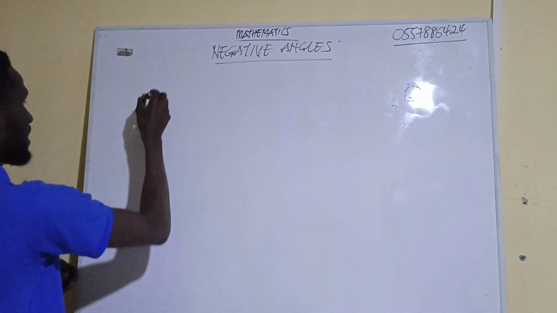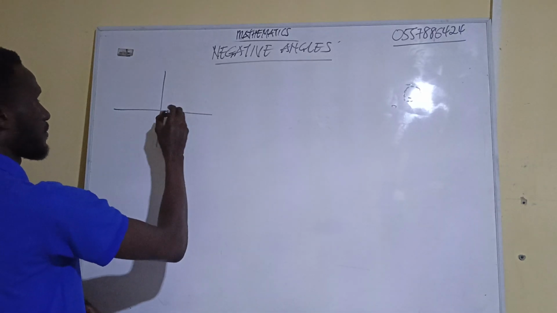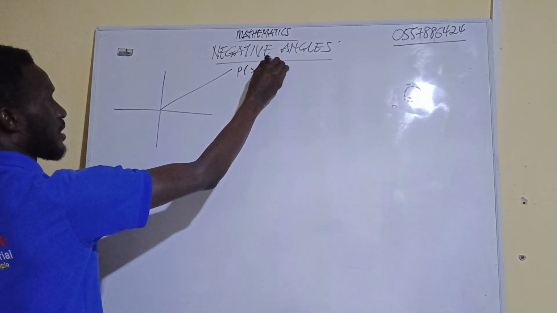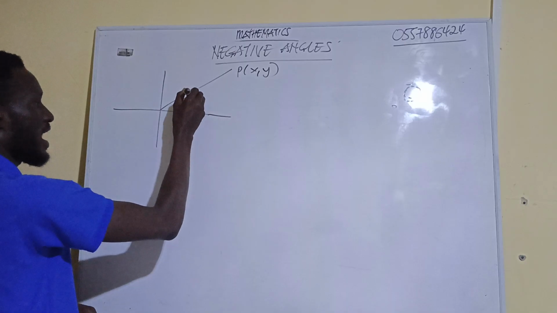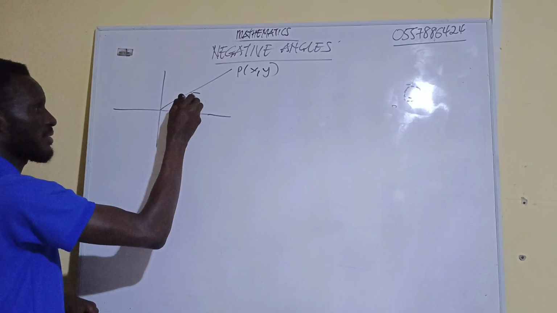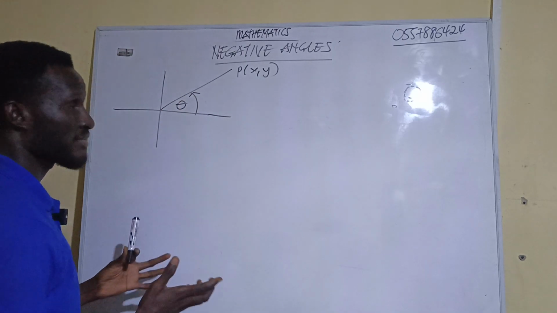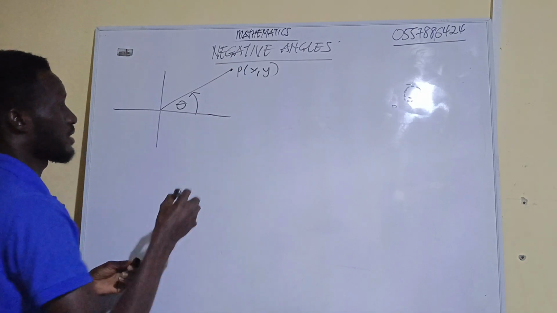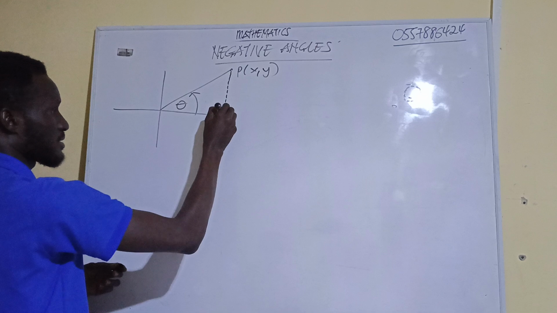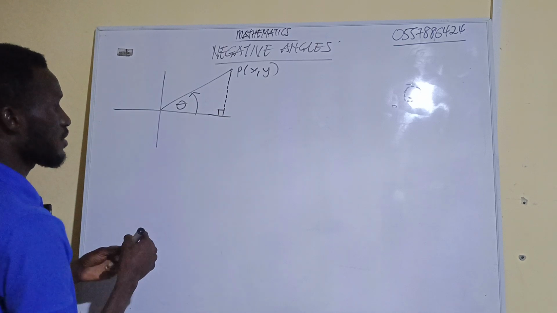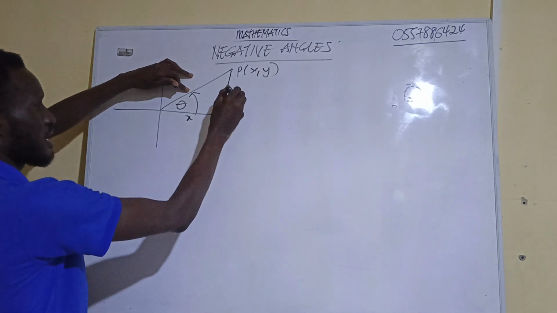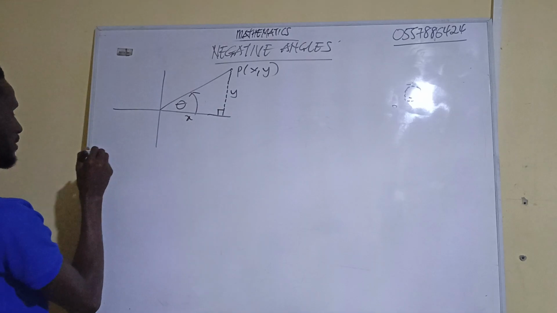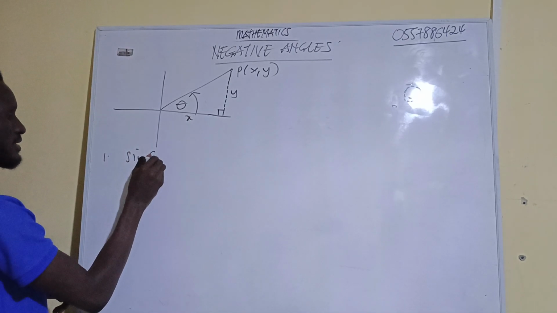Now, let me consider a point P, which is (x, y), having an angle theta. Now, if I have a point P here, I can resolve it along the x-axis and form 90 degrees. Don't forget that this point is x and here is y. So I can solve sine theta.